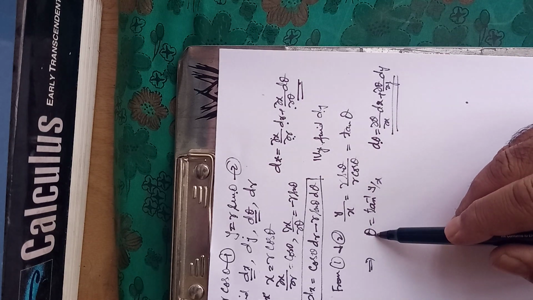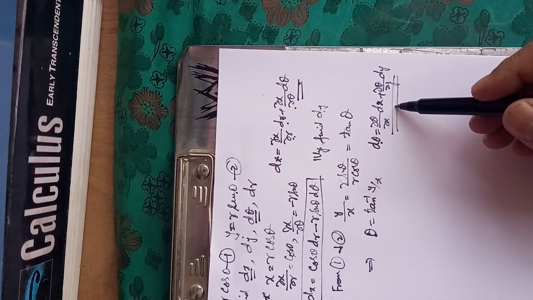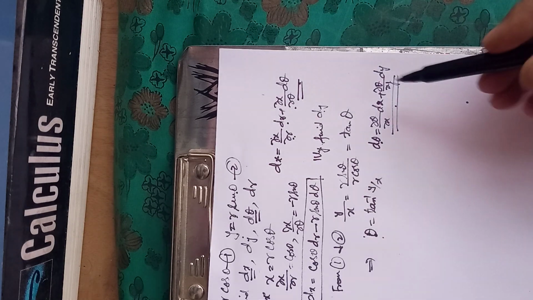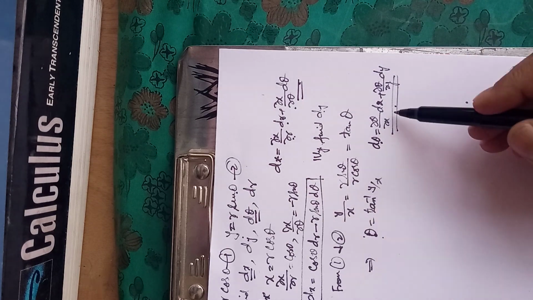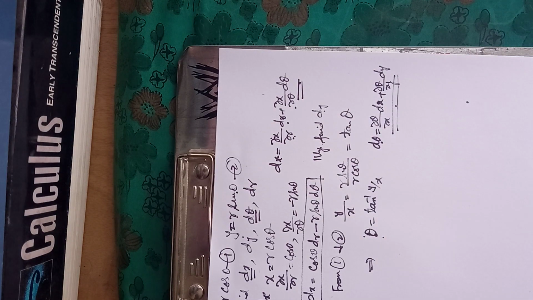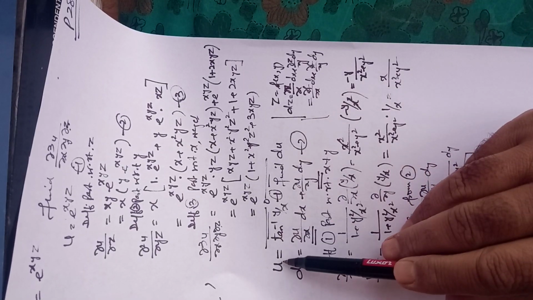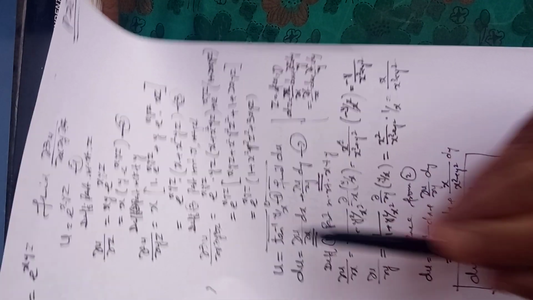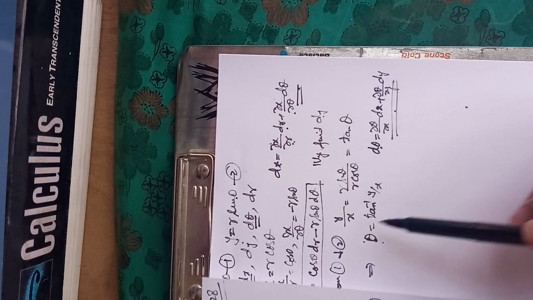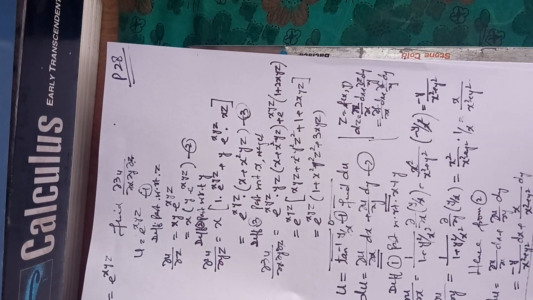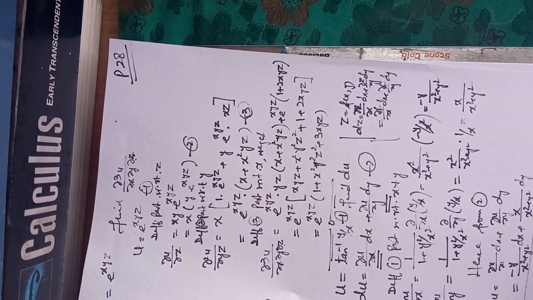You can always find del theta by del x, which is minus y upon x square plus y square, and del theta by del y, which is x upon x square plus y square. This is the same question as I have done here. This one, u equal to tan inverse y by x. Here theta is equal to tan inverse y by x. So you can proceed and you will get this thing. Instead of du, you will get d theta.